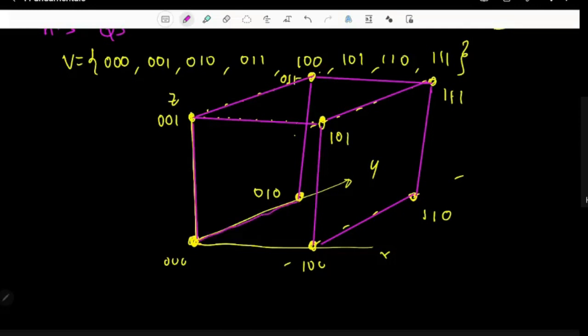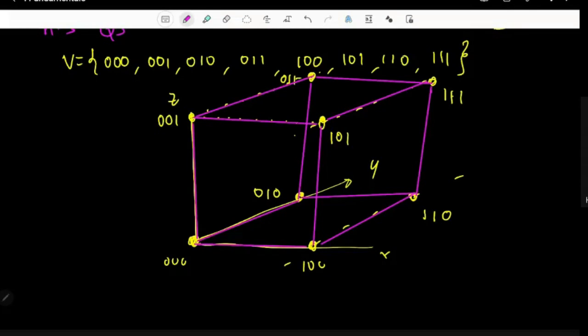These two also differ on their second coordinate. These two differ on their first coordinate. And then the one on the back differ on the first coordinate, 0, 1, 0 and 1, 1, 0. So all in all, how many edges do we have? 1, 2, 3, 4, 5, 6, 7, 8, 9, 10, 11, 12 edges.